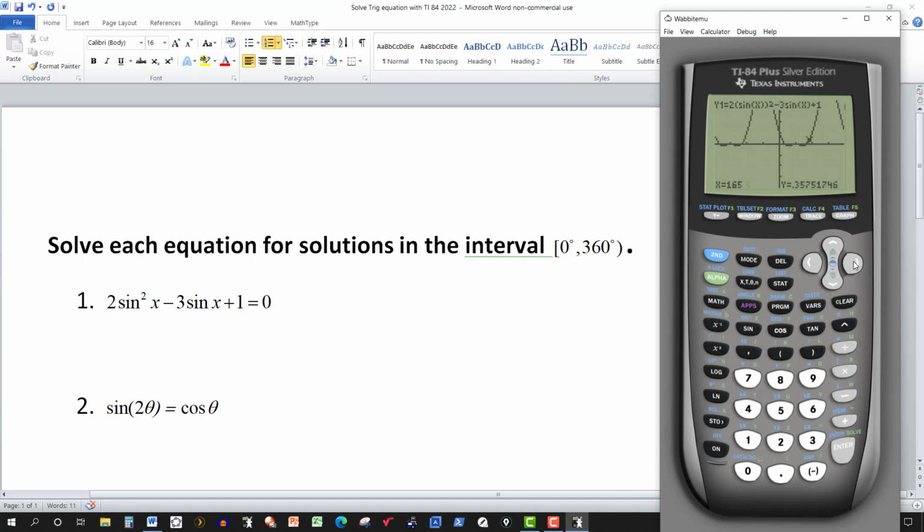Now if we keep going here, just to confirm, we're approaching the x-axis here, but before we get there we get to 360.